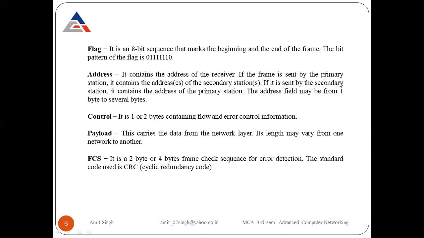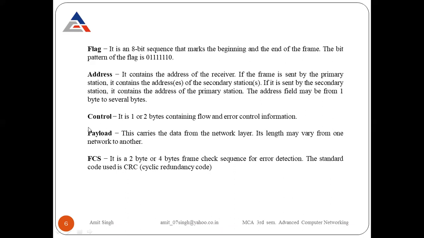If it is sent by the secondary station, it contains the address of the primary station. Suppose in the case of a response, whenever a response is sent from the secondary station to the primary station, in that case, it holds the address of the primary station, or you can say the sender's address. The address field may be from 1 byte to several bytes.